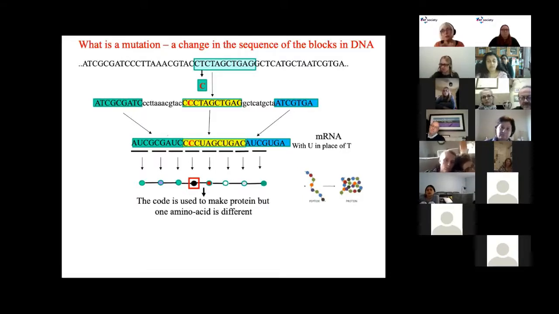Amino acids differ in charge, in size, and some other qualities that affect how they fold together. So depending on what that change is, it may affect the folding of the protein. And it also may be in a very important part for the protein to function.